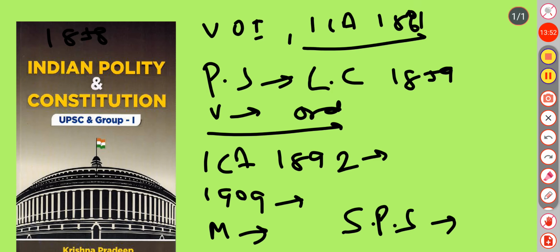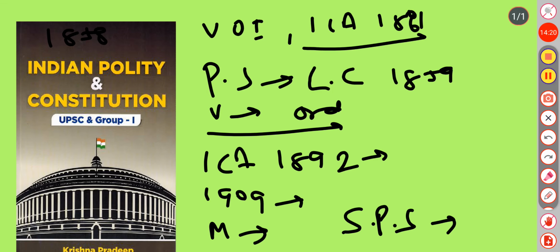Now let's move to the Government of India Act 1915, right? So this act was passed to consolidate the provisions of the preceding Government of India Acts, right? So the Montagu-Chelmsford reforms and the Government of India Act 1919.